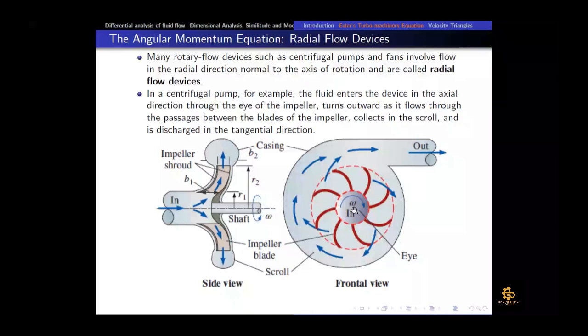Here the flow direction is predominantly radial, which is also shown on the side view. So it is coming in the x direction, and then it is going in the radial direction, which is also shown on the front view as well. The title is also radial flow devices. So you can see that it is a type of radial flow turbomachine.